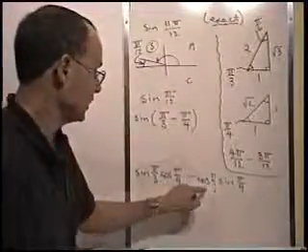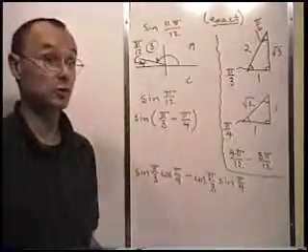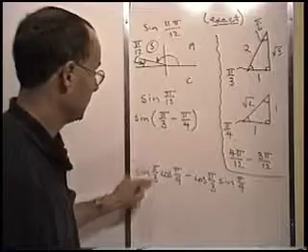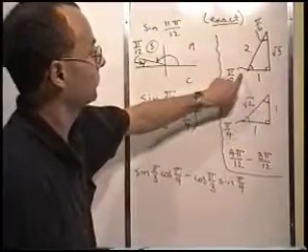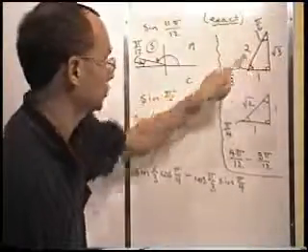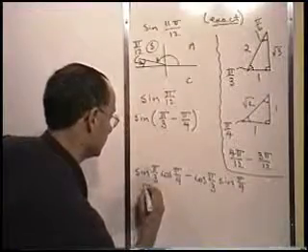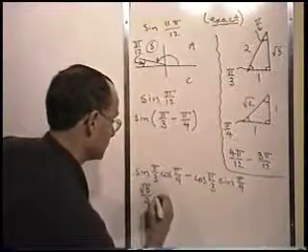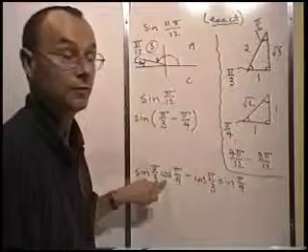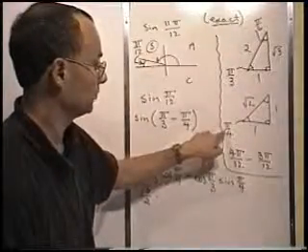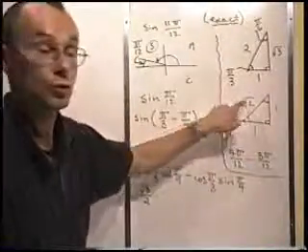And all of these numbers I can get from my special triangle. Sine of pi by 3, well, that would be root 3 over 2. So that's what this guy is. Times cosine of pi by 4. Cosine of pi by 4 is 1 over root 2.